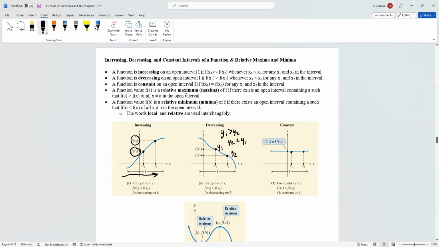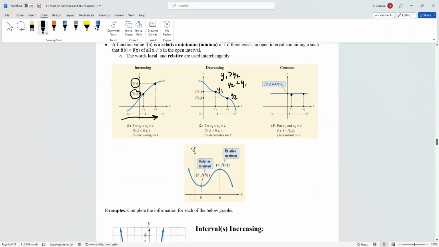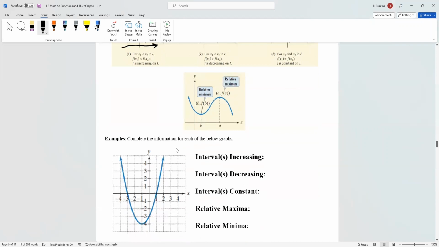Where do you find relative max and relative min? Again, by the definition, it says that f of a must be greater than f of x for all x not equal to a. But what it really means is to its immediate left and right. So if we look here, this point right here, all the values to its left are decreasing.